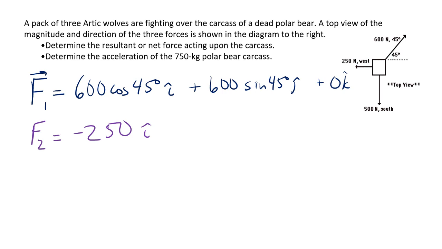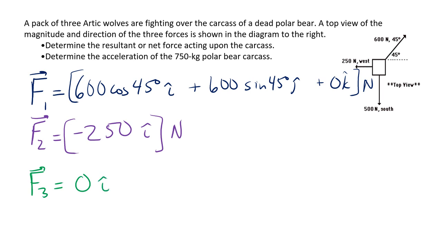And of course you need to make sure you keep your units in all these. So I'm going to put bracket newtons, and here I'm going to put my bracket newtons. And then the last one, force 3, and I need to probably put my arrows right here because this is a vector notation. Force 3 is going to be equal to 0 I hat minus 500 J hat.